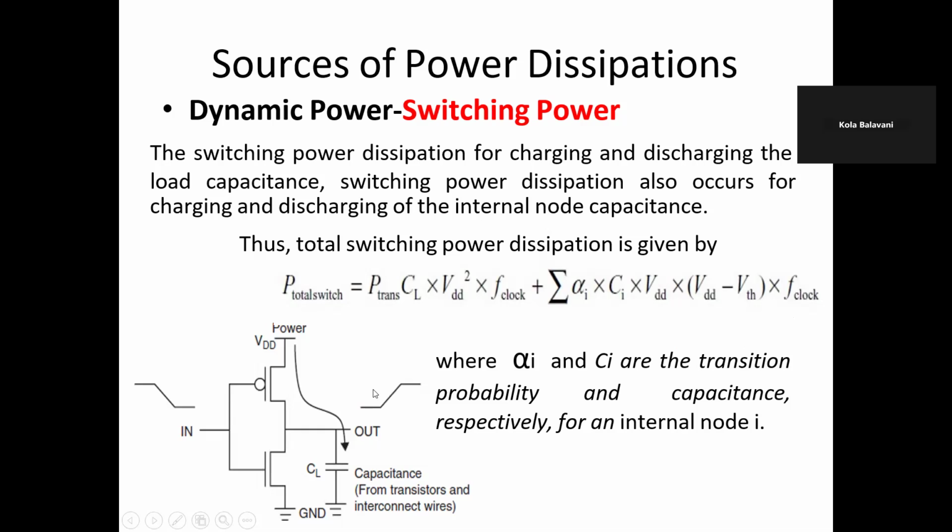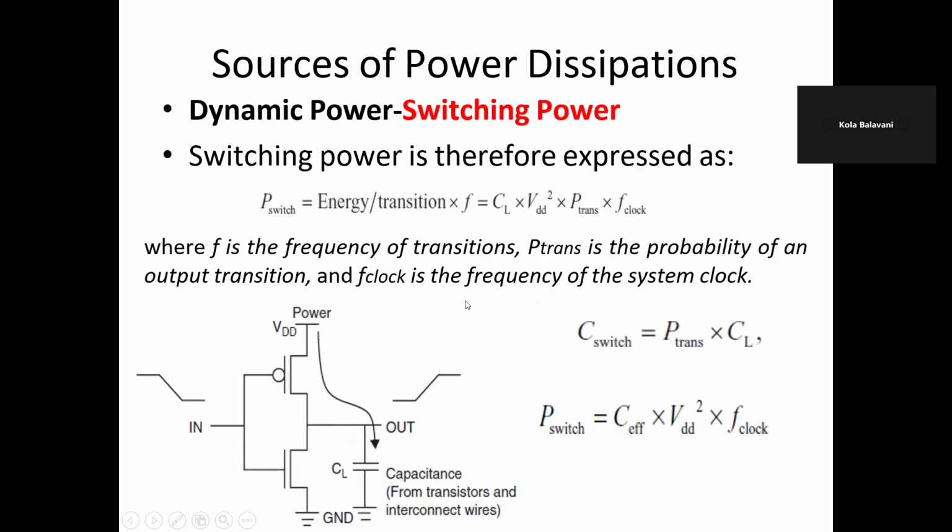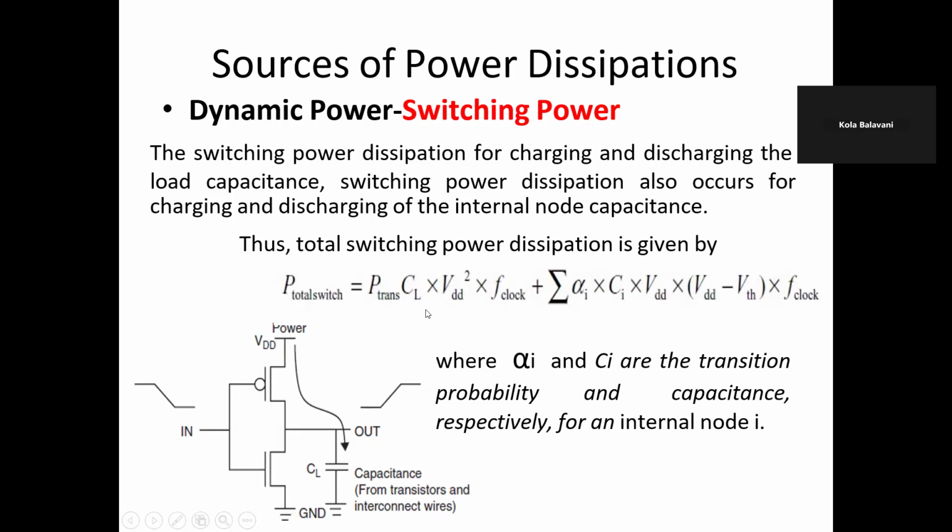But this is the switching power dissipation for charging and discharging of the load capacitance. Switching power also occurs at the internal node capacitances. So the total switching power dissipation is the power calculated in the previous slide, whenever you apply the input and we get the output, plus the power dissipated at the internal nodes.